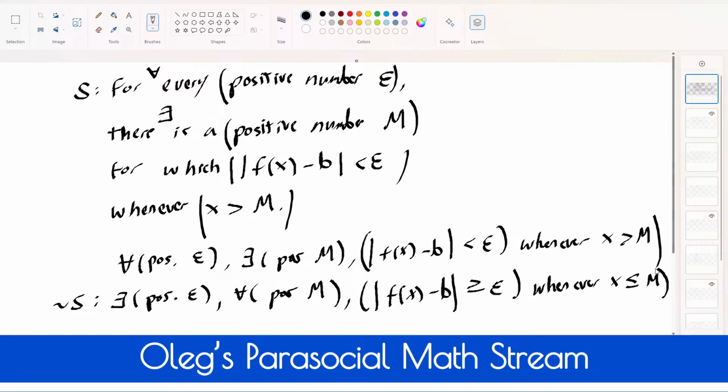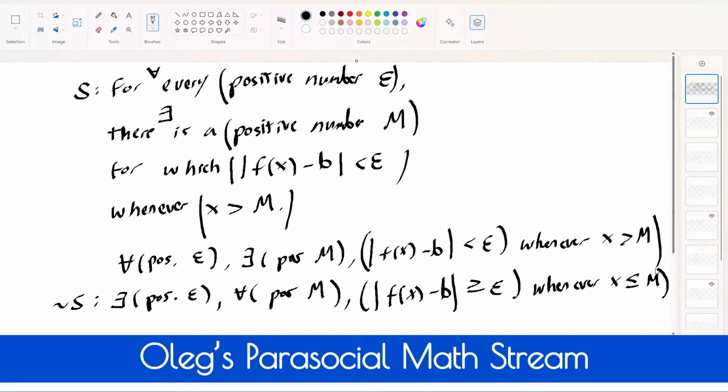I'm sorry. Hold up. For all epsilon in 0 to infinity and there exists m in 0 to infinity, x is greater than m, which implies, oh, whenever means implication.